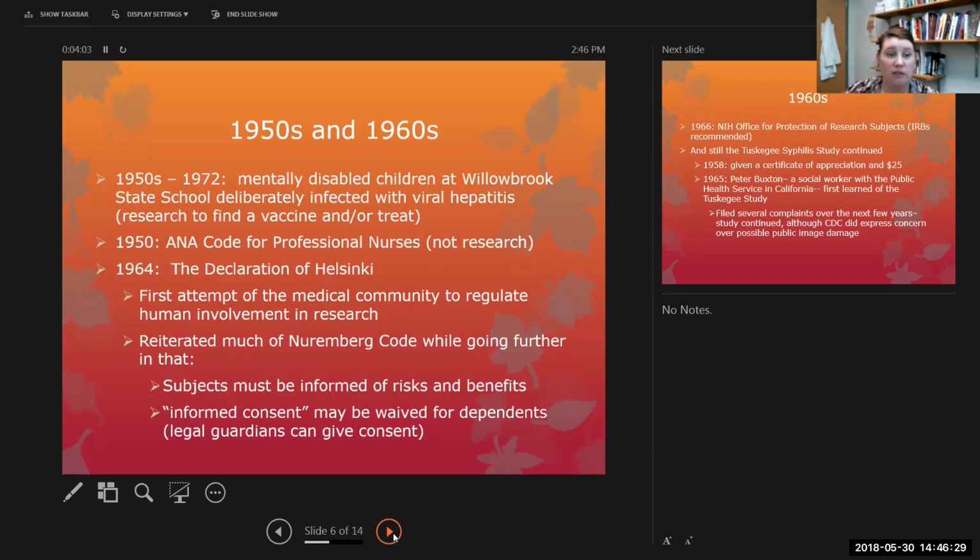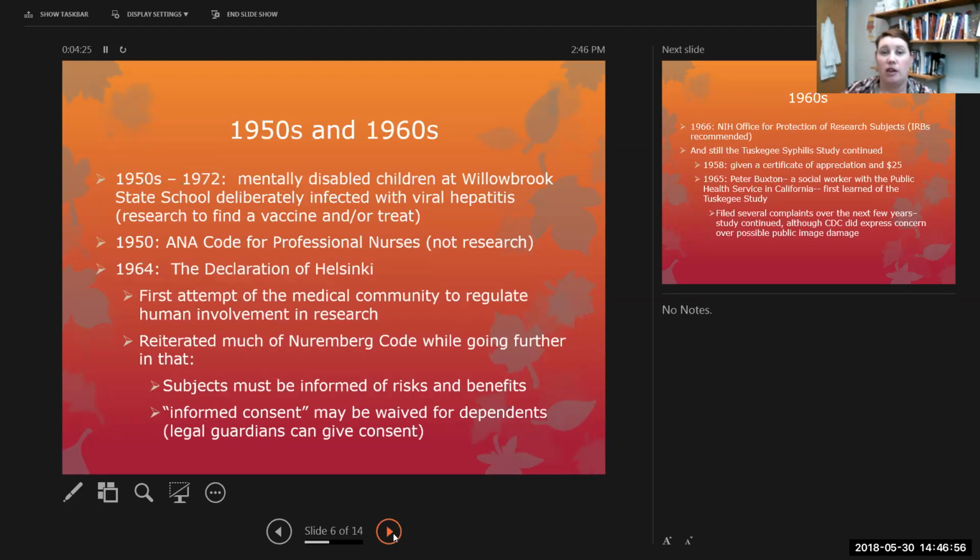In the 1950s, the American Nursing Association had developed a code for professional nurses. They had not addressed research at that point. And in 1964, there was the Declaration of Helsinki. This was the first attempt of the medical community to actually regulate human involvement in research. And it really just reiterated much of what the Nuremberg Code had to share, but it did go further than that.